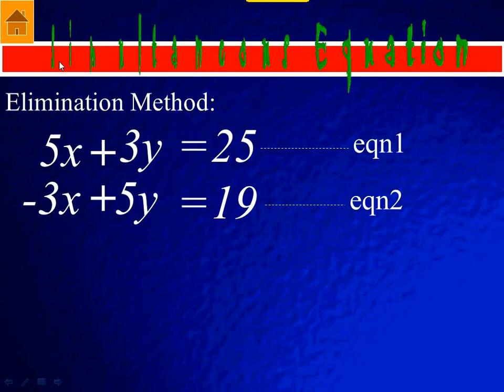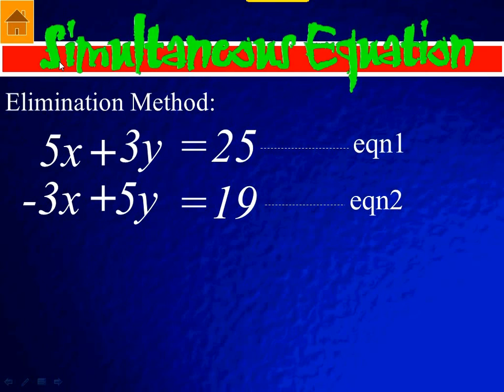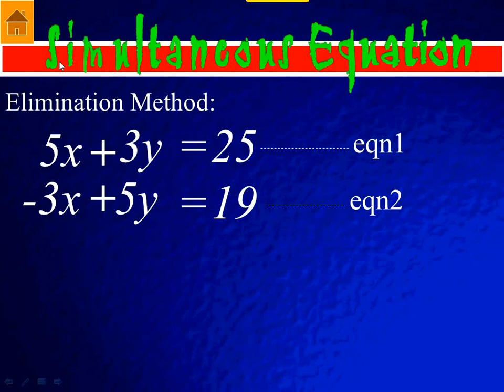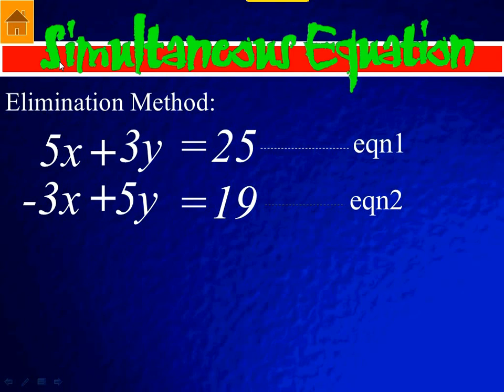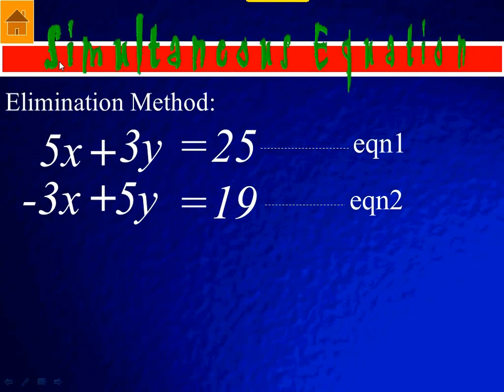Then y is being multiplied by 3 in the first equation and by 5 in the second equation. So the number multiplying the variable is not the same for x, nor is it the same for y. So what do we do in a case like that?